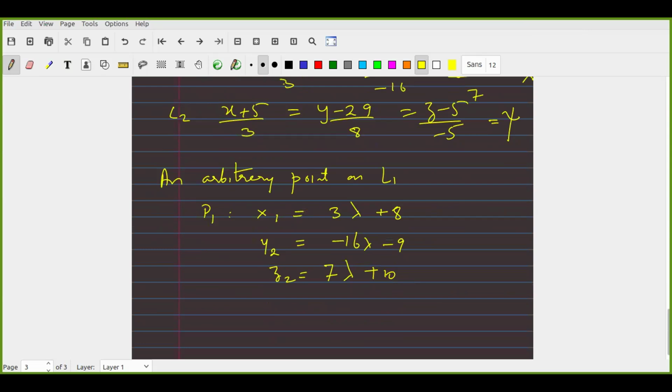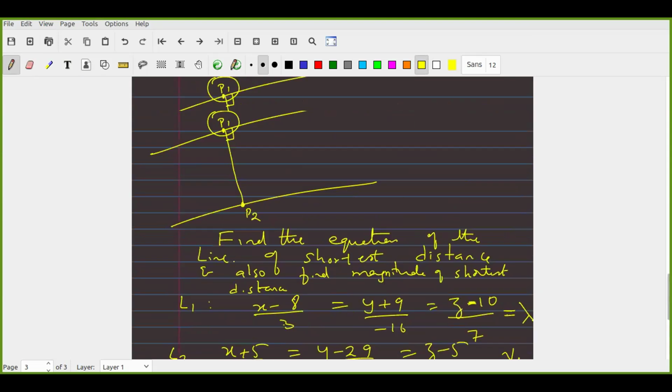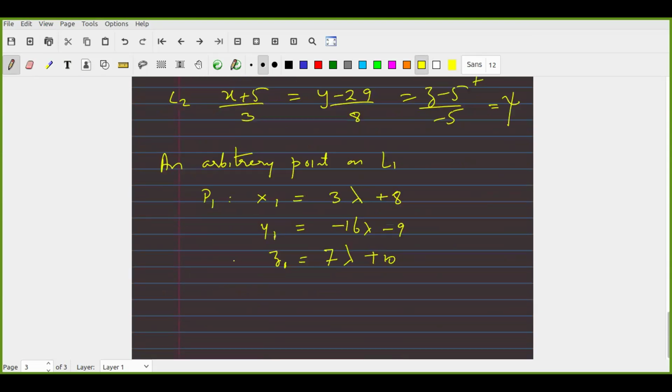Unless we put the value of lambda, we don't know x1. I'm sorry for this sloppy notation. X1, Y1, Z1 is my point P1. Similarly, you have noticed what I've done for the point on L1.